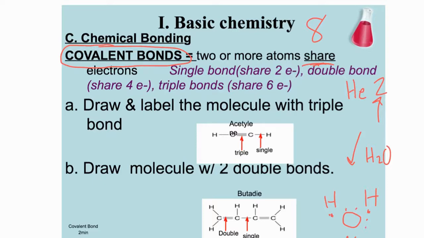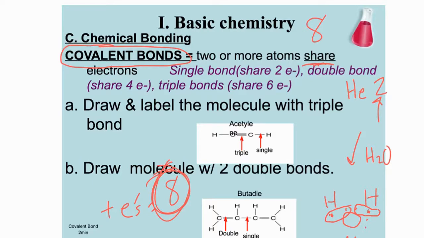So oxygen wants to add 2 electrons, because 6 plus 2 equals 8. And all other atoms want to get 8 electrons. So what happens here, oxygen shares its 1 electron with hydrogen right there. And oxygen shares its other electron with hydrogen. And hydrogen is also sharing its 1 electron with the oxygen.